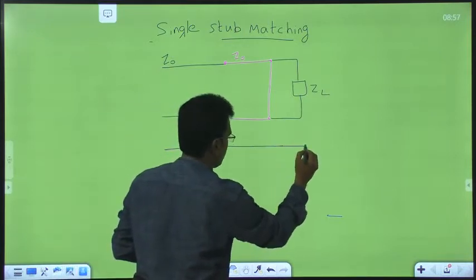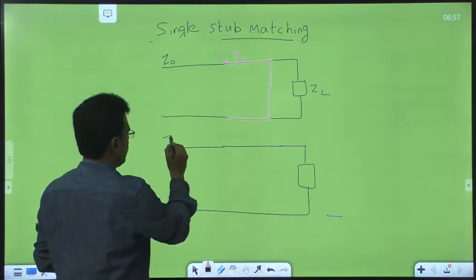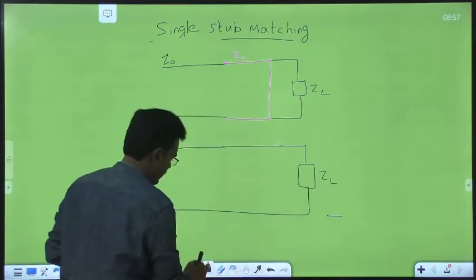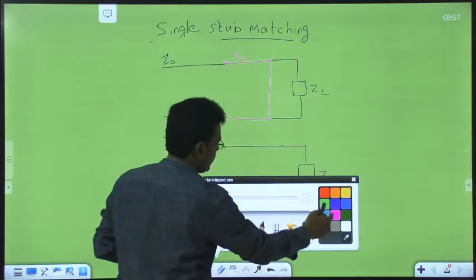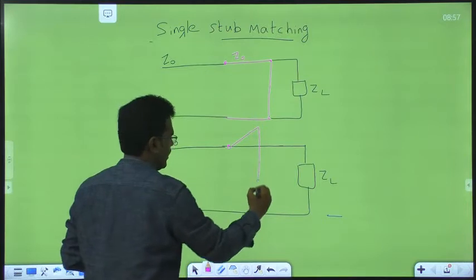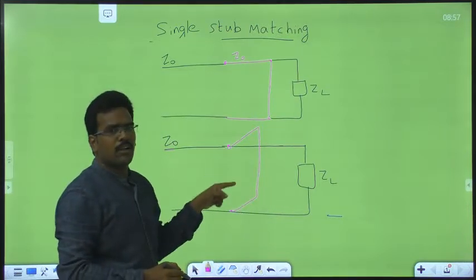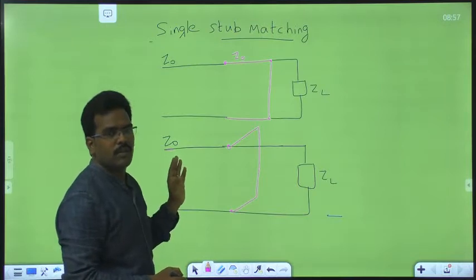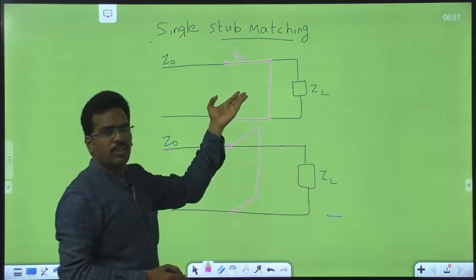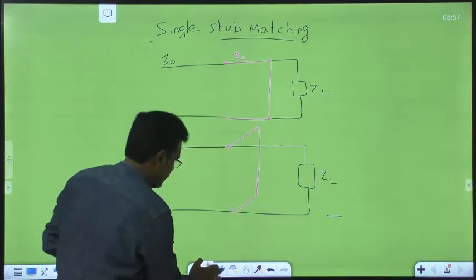this is the main transmission line. It has Z0 characteristic impedance and the load is ZL. Here we can connect the stub in parallel. This is a short circuit stub which is connected in parallel to the main transmission line. Similarly, we can also connect an open circuit stub in series and in parallel to the main transmission line.